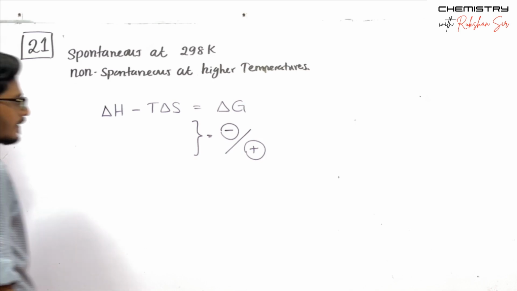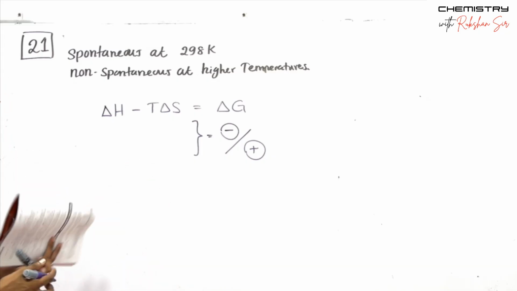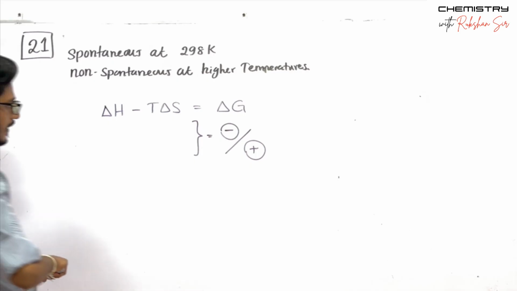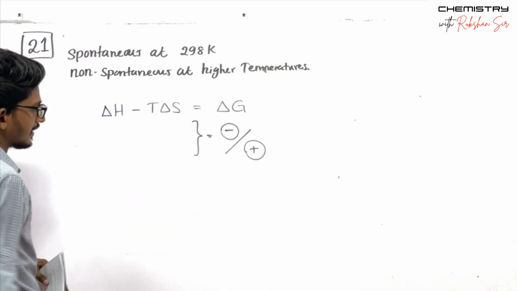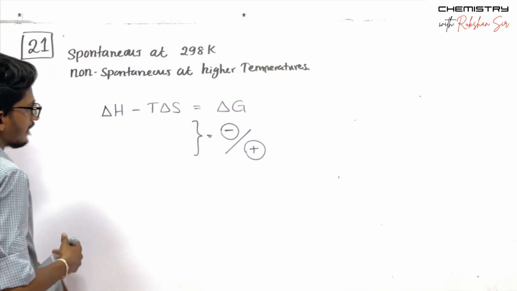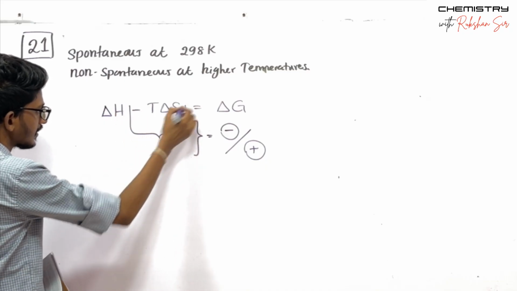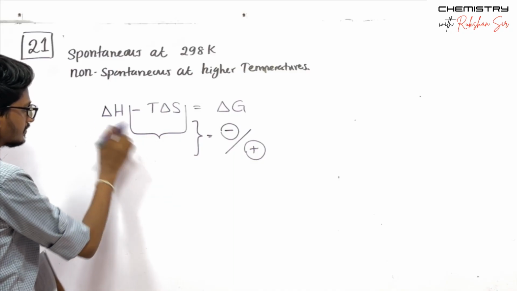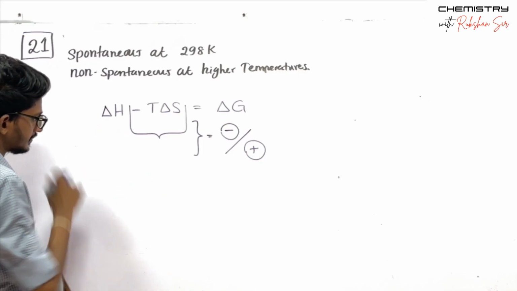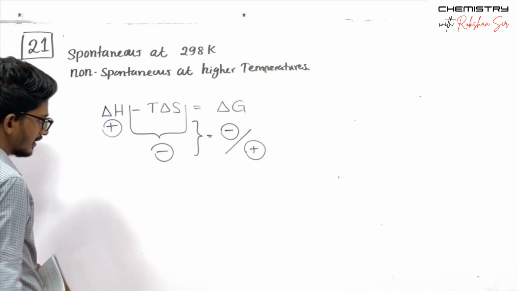So how is that possible? For the possibility of such a sign change for delta G, the signs of these two terms are not the same. If this is positive and this is negative, this kind of thing would appear.